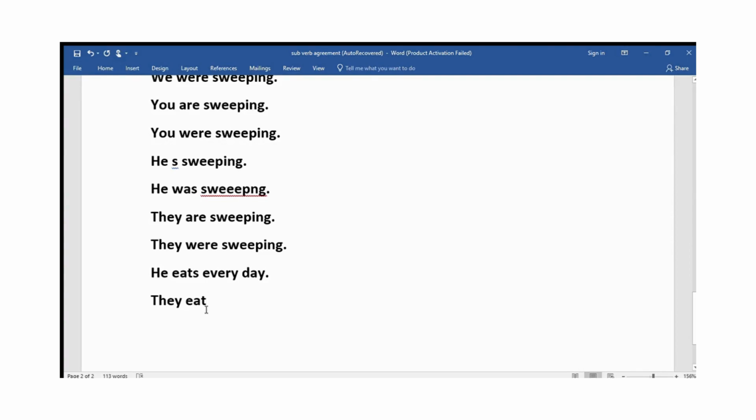It does not add s because this is a plural subject and the plural verb eat is to be used. They eat every day. So this is the concept of subject verb agreement. The basics, just the basics.